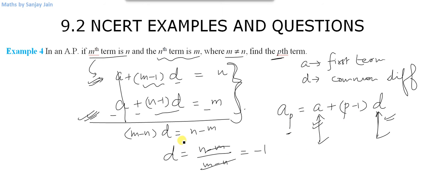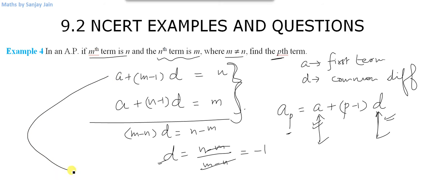Now I need a. So what I'll do is I'll put value of d in any of these two equations and find value of a. Okay, so let me put it in the first one. I am putting it here.